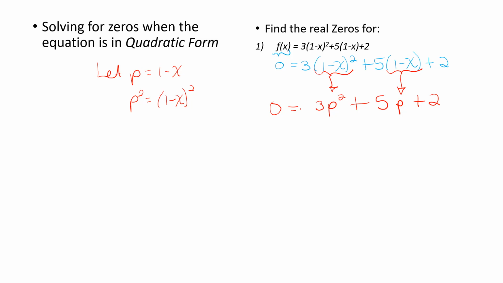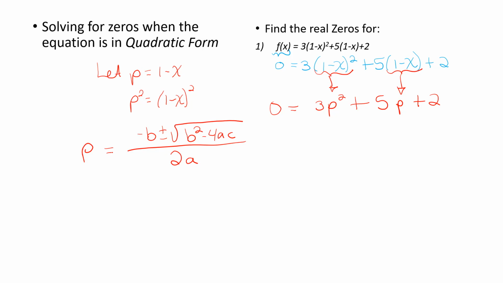I'm going to go ahead and just use quadratic formula. And if you remember, your quadratic formula is negative b plus or minus the square root of b squared minus 4ac all over 2a. And in this case, because P is the letter we've put in there, this is what P will equal. When we get to the end and we find our P, we're going to have to substitute back because really what we want to find is x, not P, in this problem.